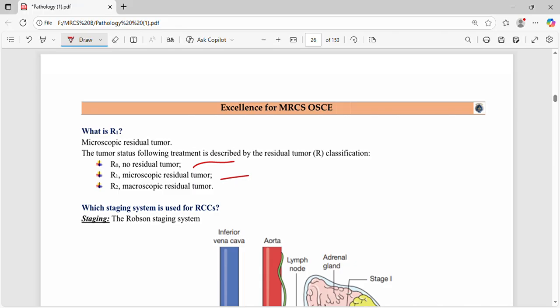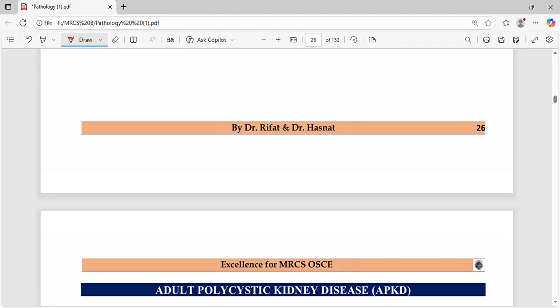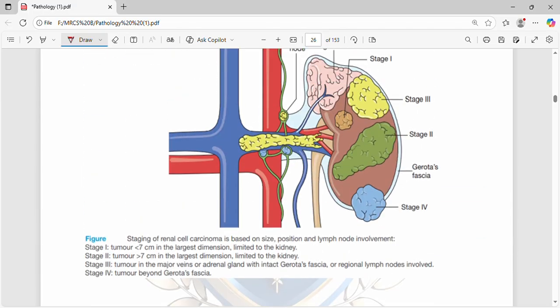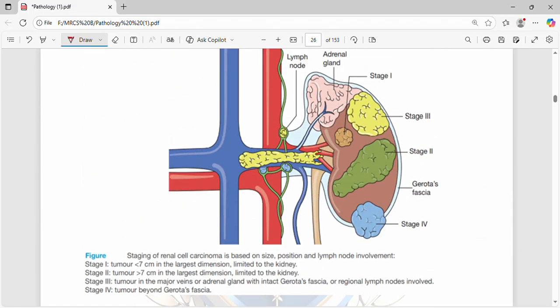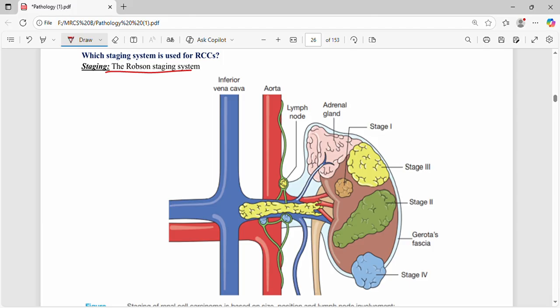Which staging system is used for RCC? We have the Robson staging system for RCC. You can see a picture with the vena cava, aorta, lymph nodes, and the adrenal gland.